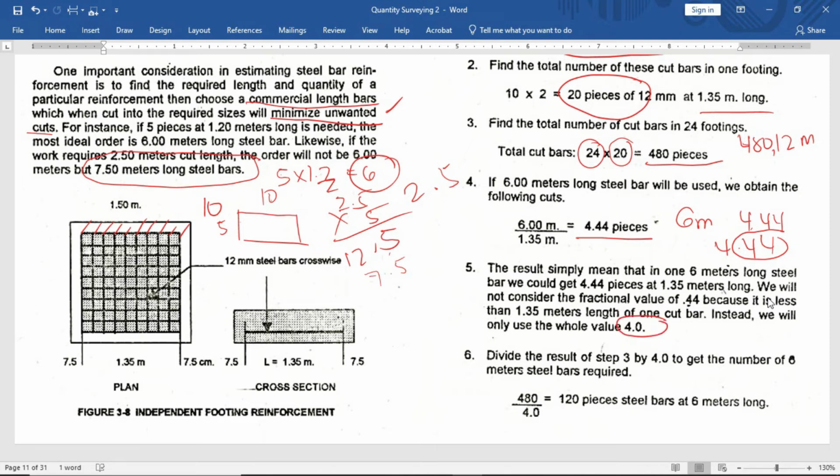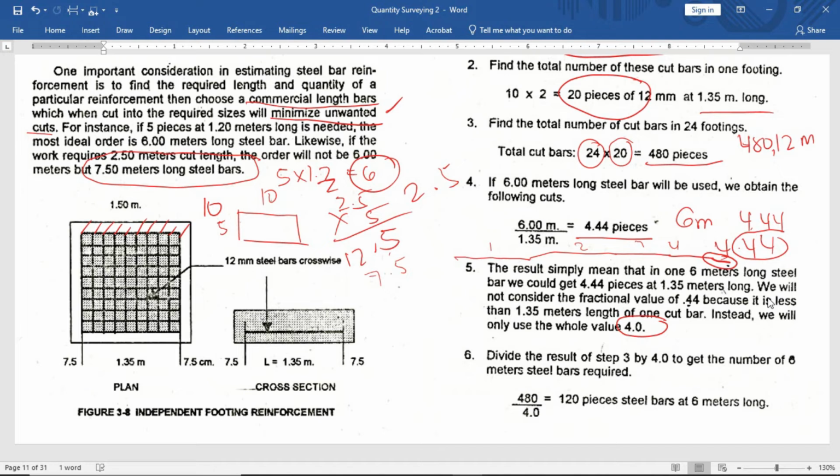So, parang ganito. 1.35, tapos another 1.35, tapos another 1.35, bali tatlo na yon. Tapos another 1.35, bali 4. Tapos yung sobra doon is 0.44. Since ito ay masyadong maliit, i-disregard din natin. So 4 lang yung sa atin.